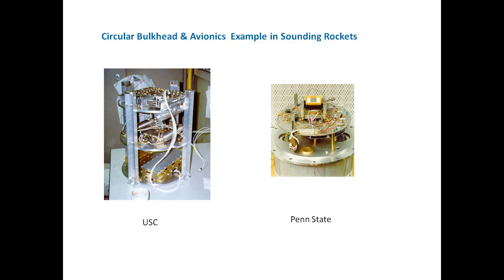But these universities get to do their little scientific payloads, and they're proud to display images of their scientific payloads on their web pages. And here are two scientific payloads, each having one or more circular bulkheads or circular plates for the avionics components.